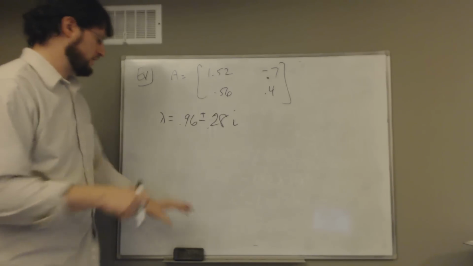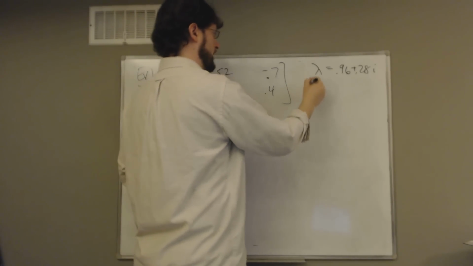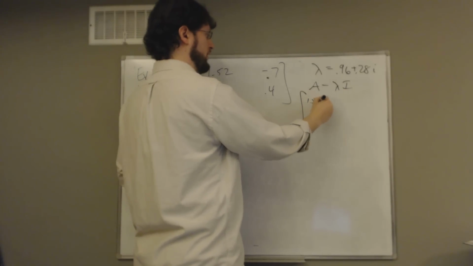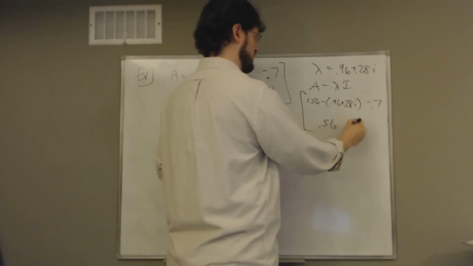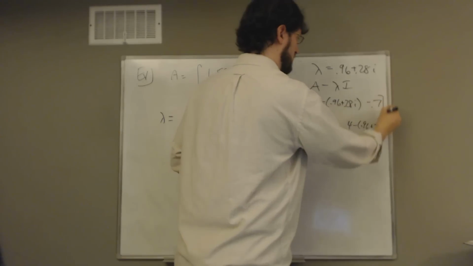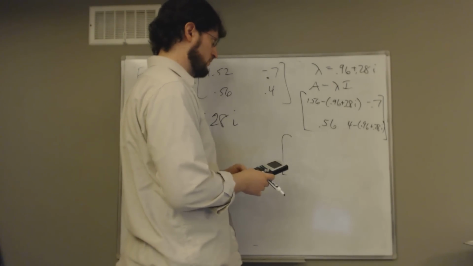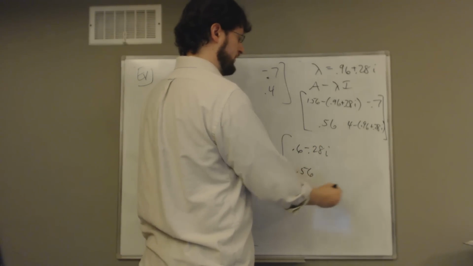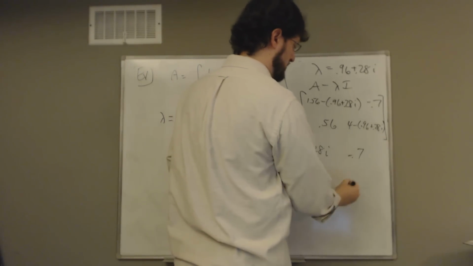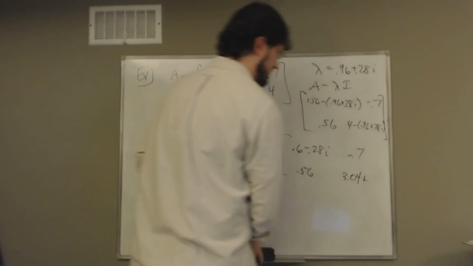Let's find an eigenvector. Let's actually find both of these eigenvectors. If I start with lambda equal to 0.96 plus 0.28i, this becomes A minus lambda I, which is 1.56 minus this eigenvalue, which simplifies to 0.6 minus 0.28i, 0.56, minus 0.7, and 0.4 minus the eigenvalue, which is 3.04 minus 0.28i.